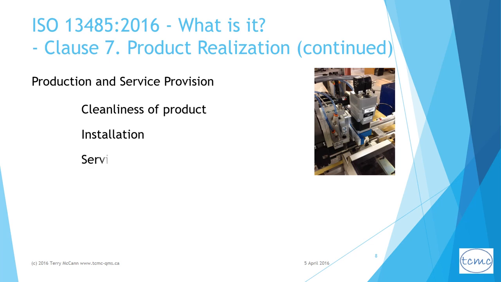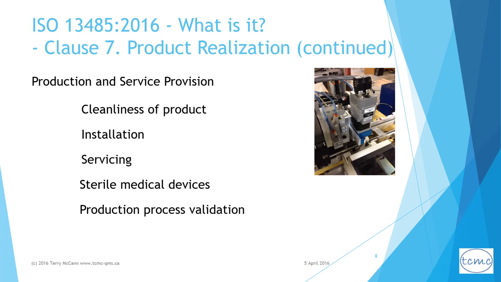Finally, you have to develop servicing procedures and reference materials, validate processes used for production and service provision where inspection is not feasible, and facilitate product identification and traceability, which may be vital in recalls.